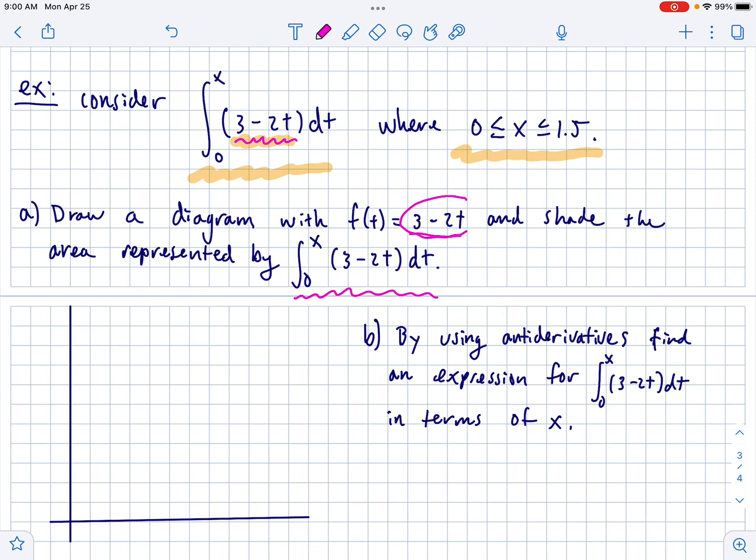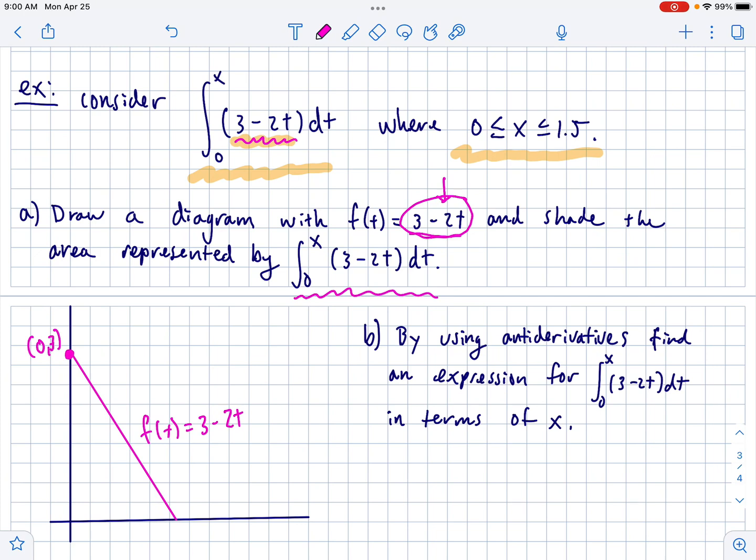Well, this function right here is a linear function. It has a y-intercept of 3. So if I go up to, say, this is (0, 3). And then it has a slope of negative 2. So if I draw a line that goes down 2 over 1, which I'm not drawing exactly, I'm just sketching it, we can say this f of t is 3 minus 2t.